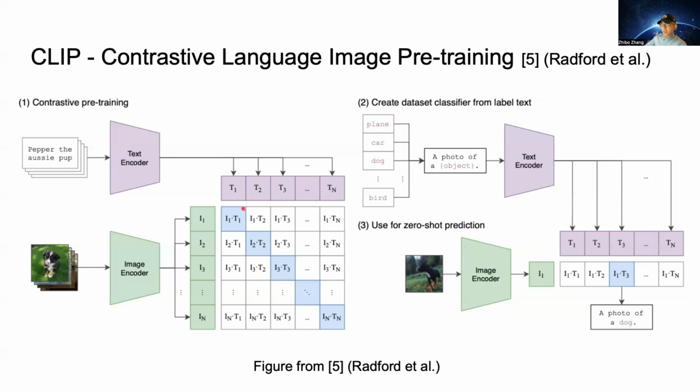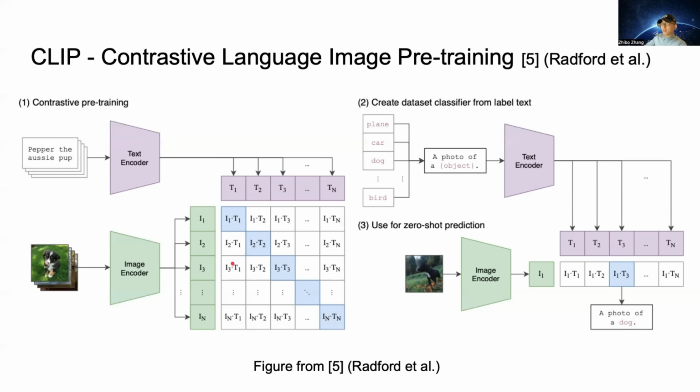So the thing they're trying to do here is match each image with its corresponding text representation. I1 is supposed to be represented similarly with T1 in the embedding space, and I2 is supposed to be close enough to T2 in the representation space, all the way to IN and Tn, because they originate from the same data pair.